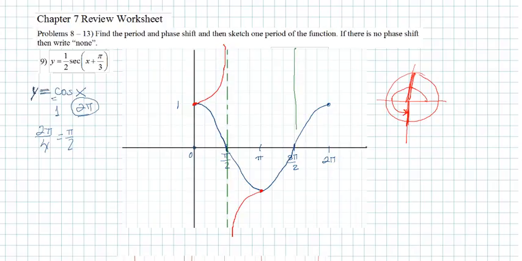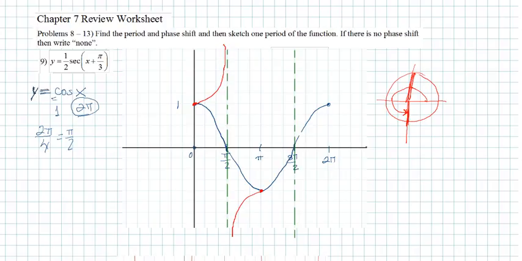So let me do it in a nicer line. At 3 pi over 2, oh, not there, it's this one right here. At 3 pi over 2, we have another asymptote.